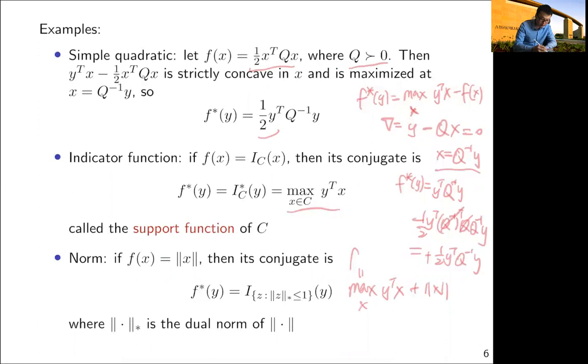Okay, so this is f star of y. Let's take the subdifferential calculus here, and use that we know 0 is in the subgradient. So what is the subdifferential of this? You can apply the adding rule.